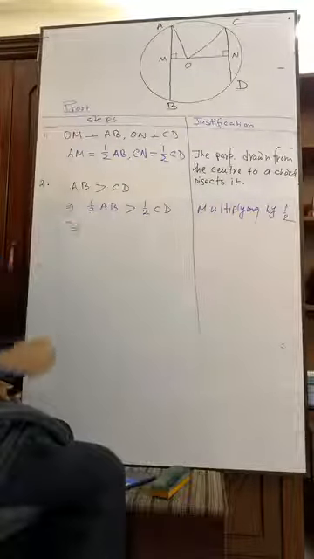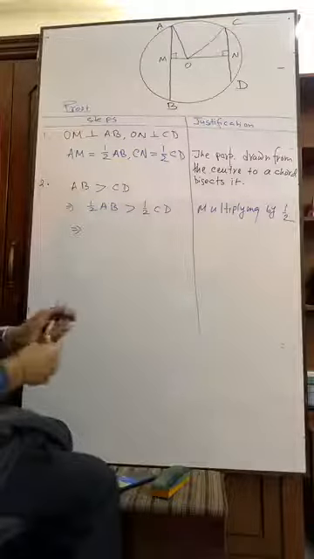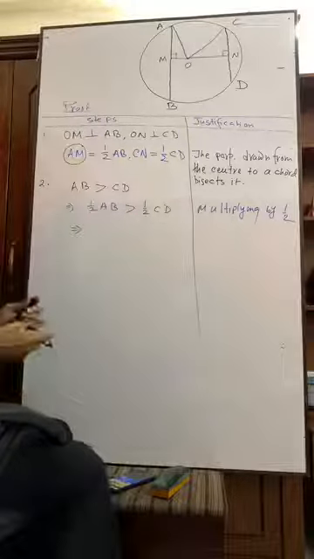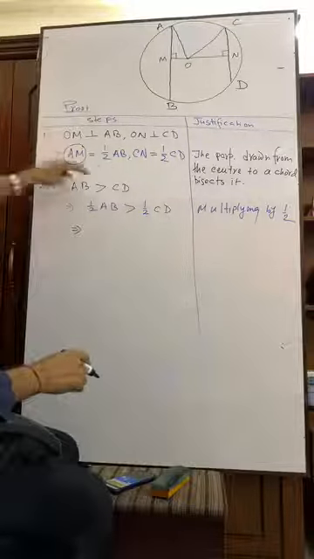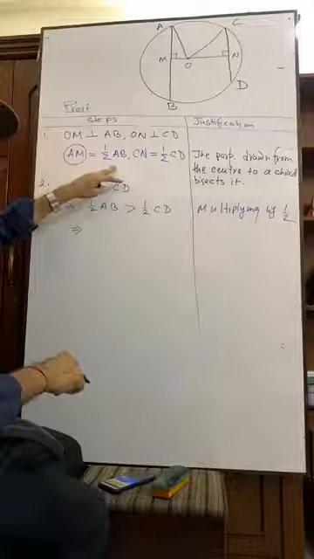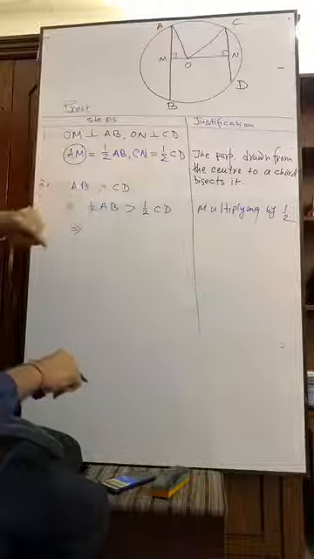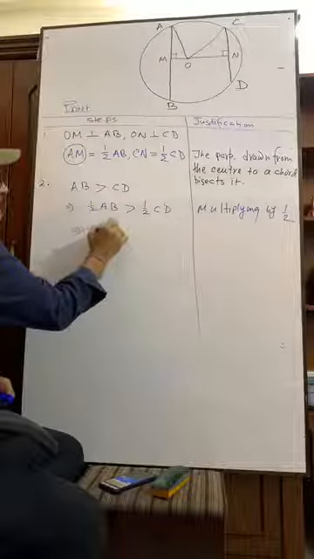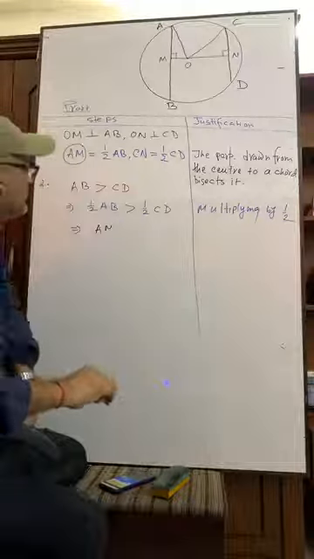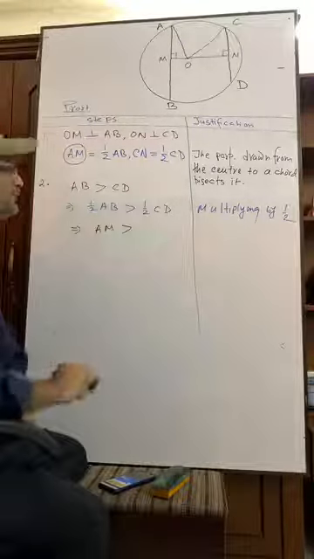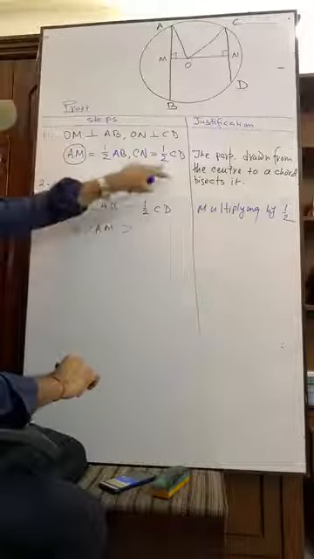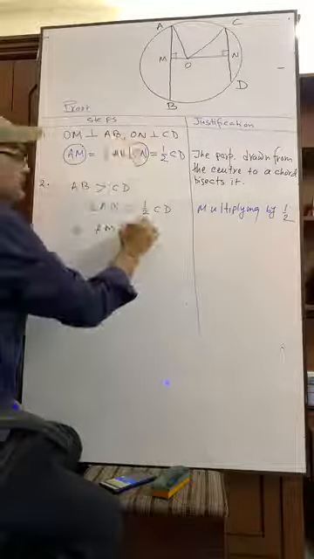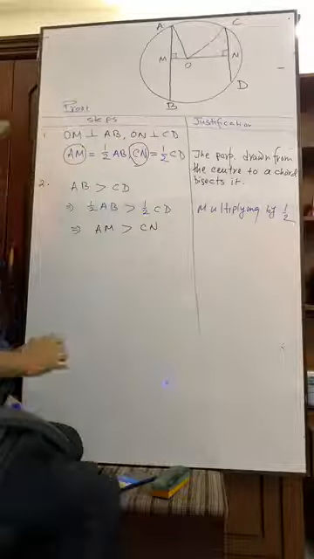Now, what is half of AB? In step 1, half of AB was written as AM. So we can put that half of AB means AM. It is greater than half of CD, which in step 1 was written as CN.